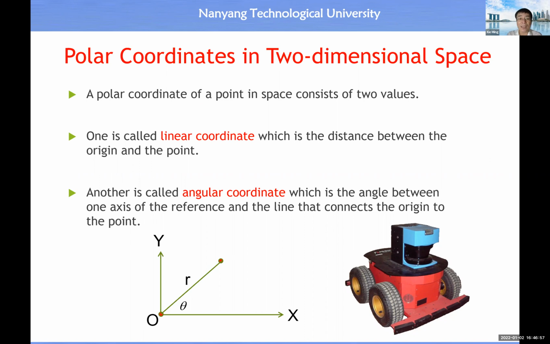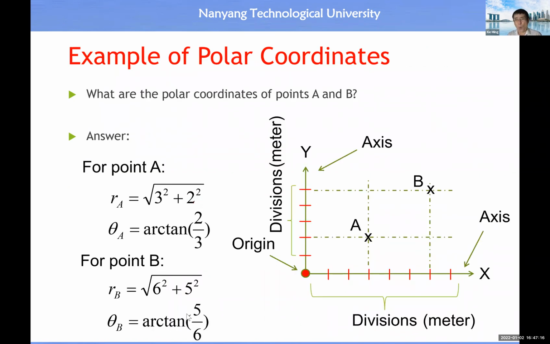So it's quite straightforward. Polar coordinate consists of a distance from the origin to the point on the measurement plus the angular position of this vector from the origin to the point on the measurement, right? So r, theta. Mathematically, we could undertake conversion between polar coordinate and the XYZ coordinate. For example, we know the XY coordinate of point A, then what should be the distance from origin to point A?